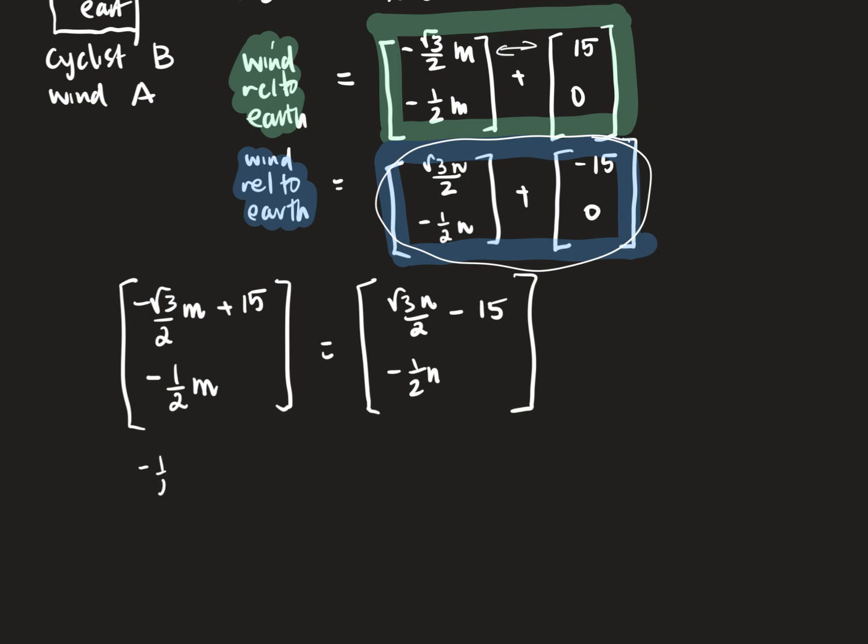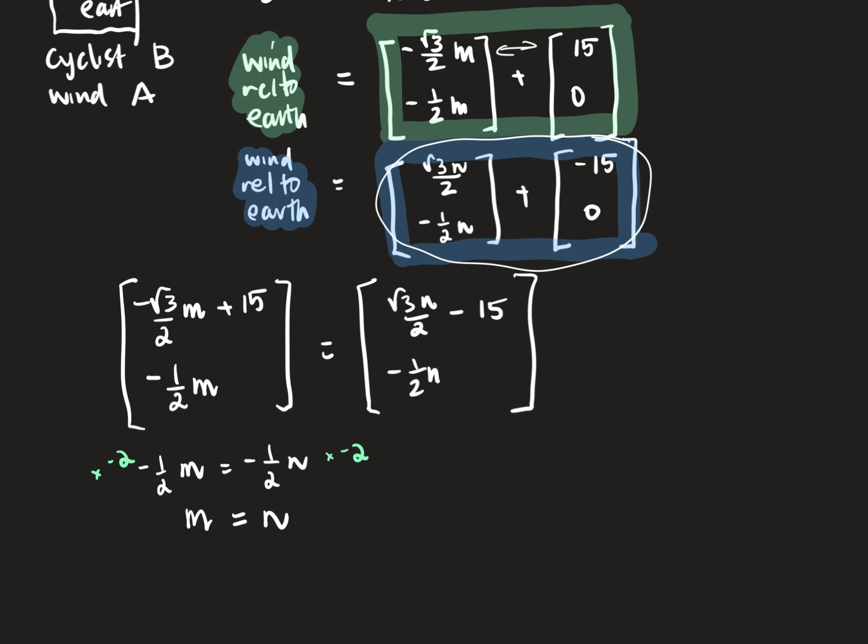I've got negative 1/2 of m equals negative 1/2 of n. I'm going to times both sides by negative 2, and I find straight away that m is equal to n. That means the speed of the wind is the same for both situations.